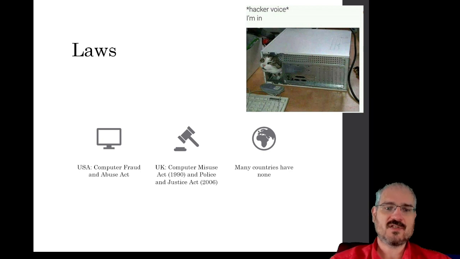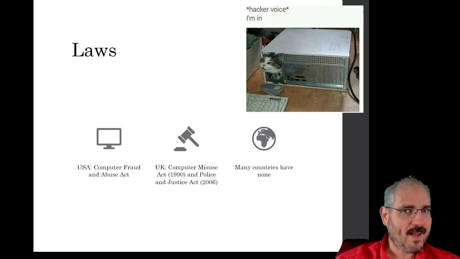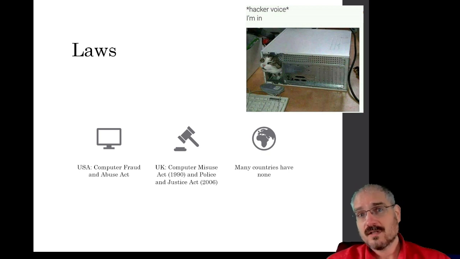But what governs this in the United States is the Computer Fraud and Abuse Act. In the UK, there's a couple of different laws there that govern kind of what makes it illegal when it comes to malware, what the definitions of malware are, what the legal punishments for malware are. But disturbingly, there are a lot of countries that either don't have any laws against creating malware or don't have laws against spreading malware purposefully, or there's laws against some kinds of malware but not others.